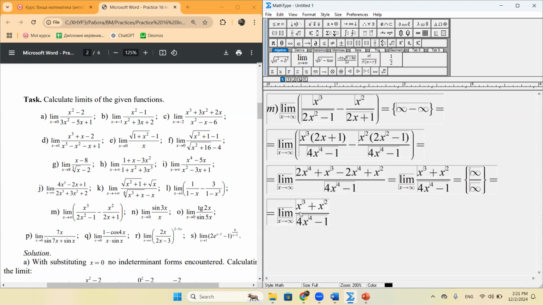So the answer seems to be obvious, but let me write it in details as well, because that's a good practice. Not to be lazy, to write everything in details.